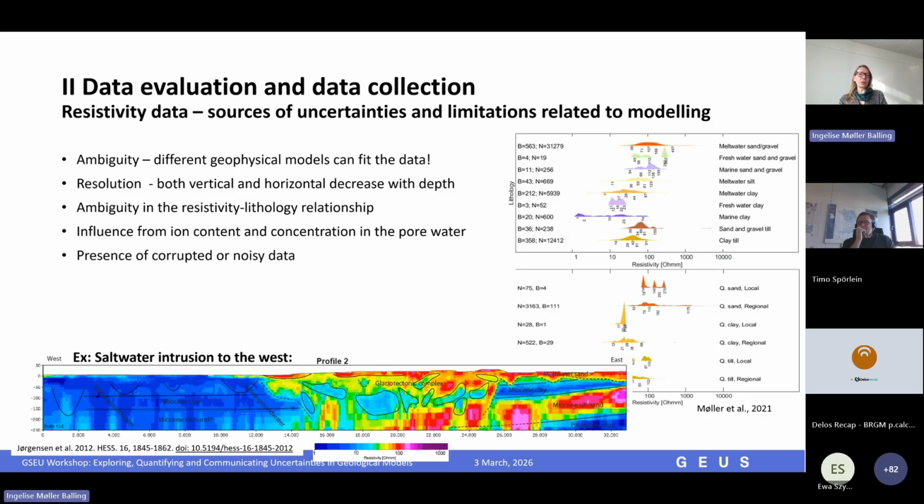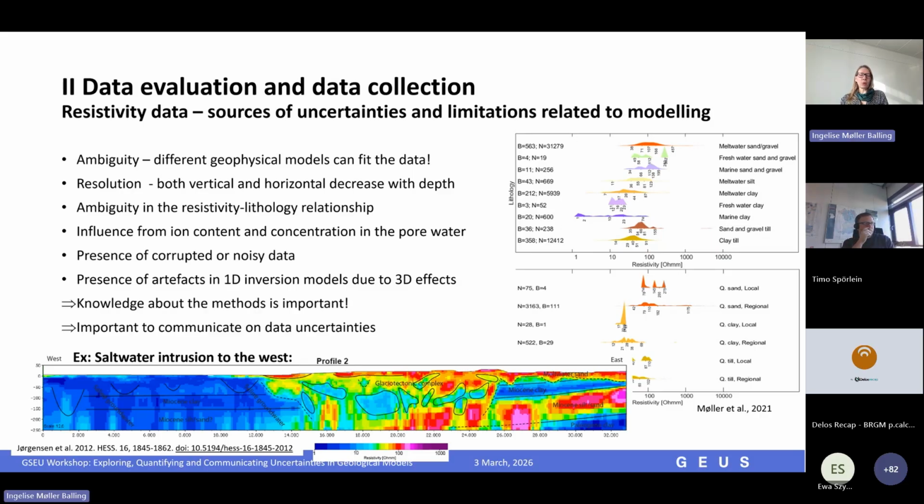Furthermore, we have to be aware of the presence of corrupted and noisy data, and that because we use 1D inversion of the data, we also have 3D effects in the 1D inversion models. So all in all, knowledge about the methods is important when assessing and communicating the uncertainties for the geophysical data.